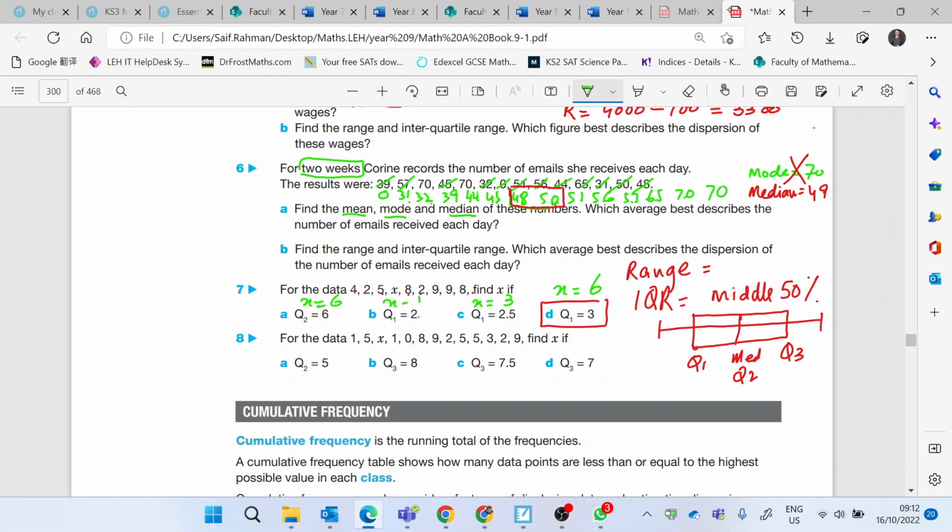Okay, so here we have been given data in which these numbers are here.